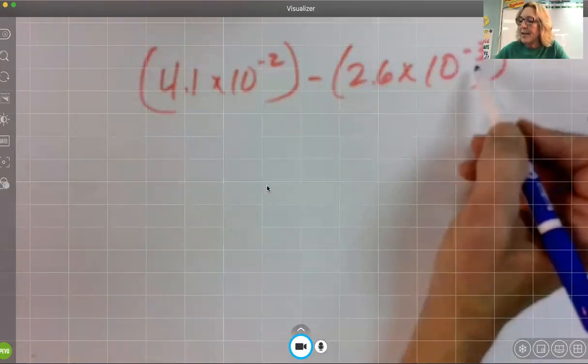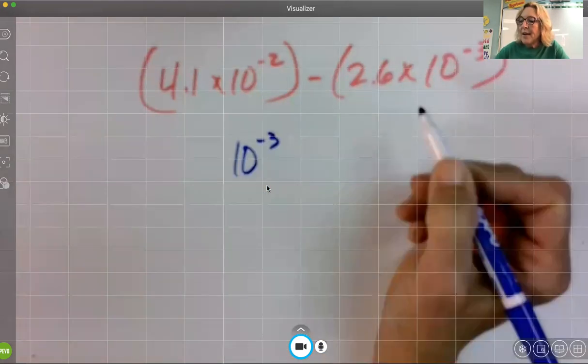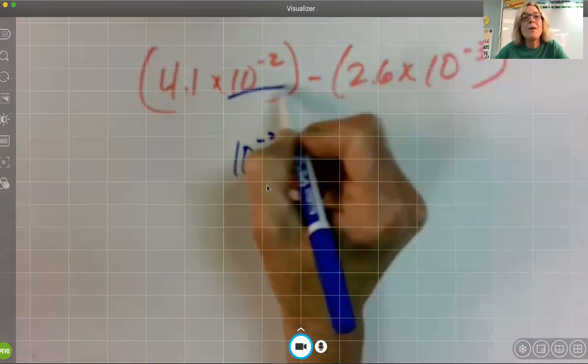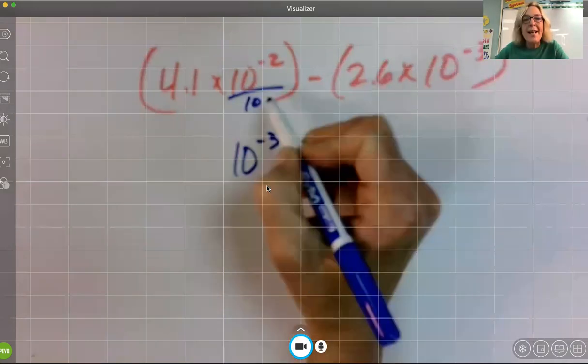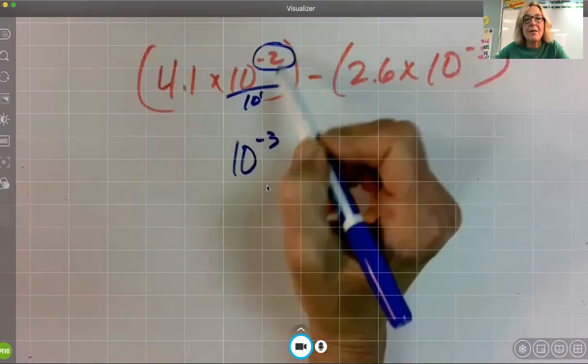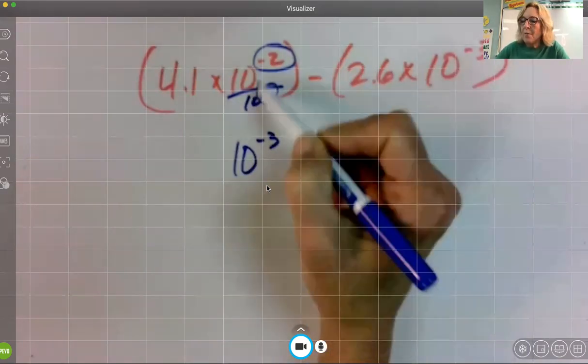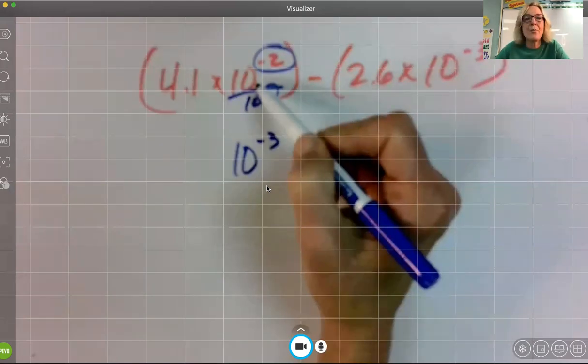So I need this to be 10 to the negative third. And the way that I could do that is by dividing by 10 to the first power. Because if you subtract those exponents, negative 2 minus 1 gives you negative 3. So if we divided this factor by 10, we're going to multiply the other factor by 10.